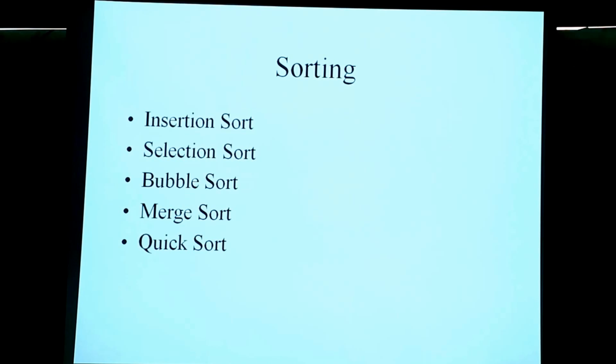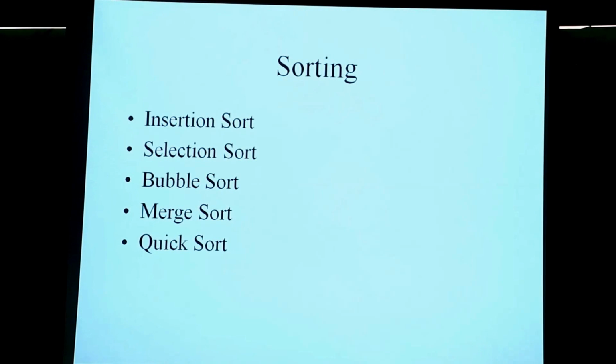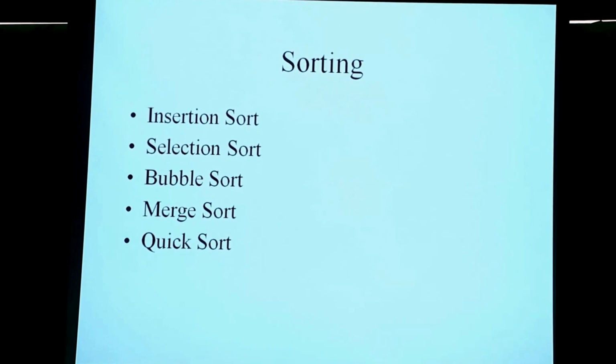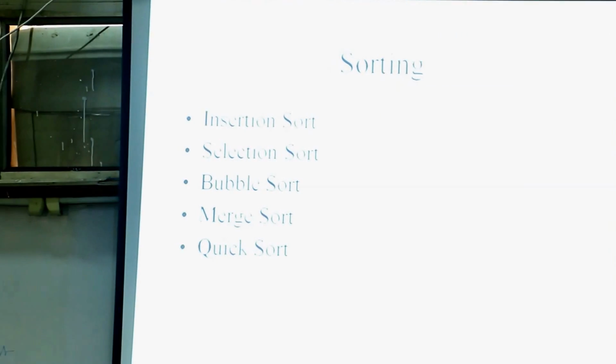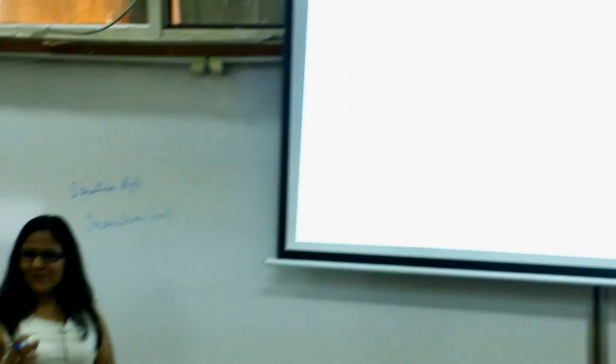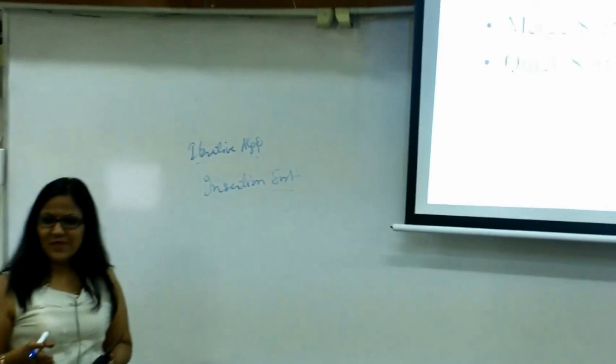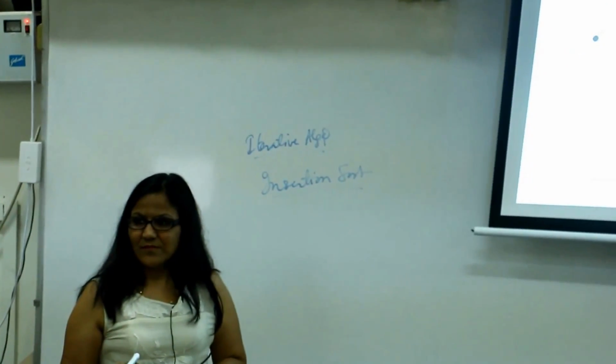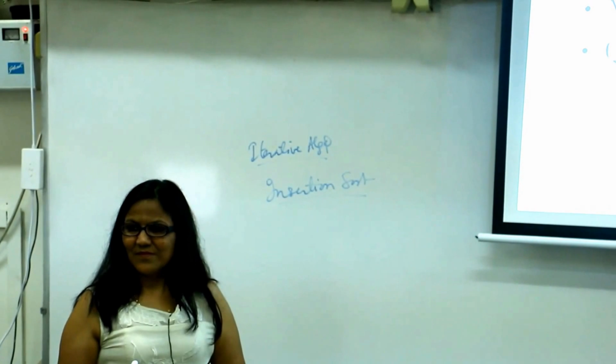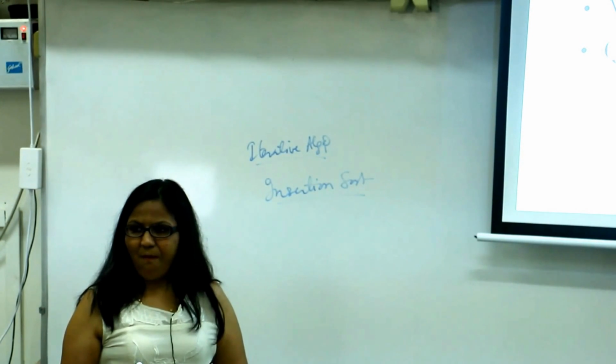Insertion sort. What do you do in the ith iteration? Place the ith element. Pick up the element and compare it with all elements and find out its correct position.